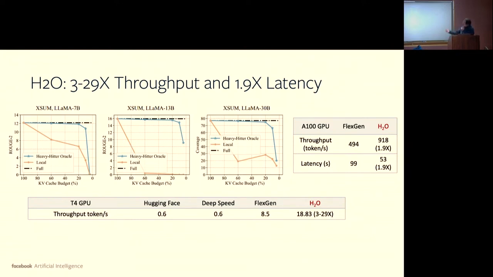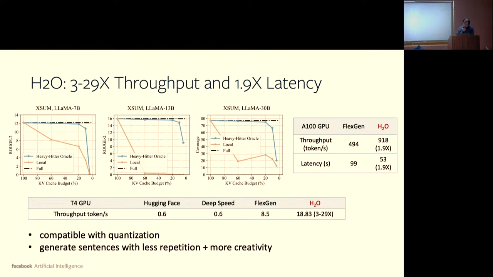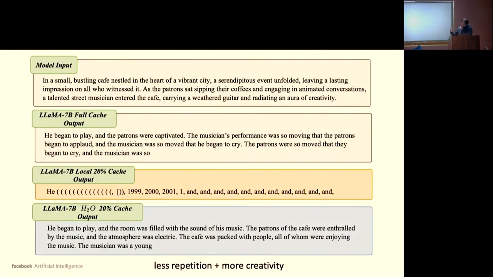This saves memory, because you don't need to keep the KV cache, and at the same time it makes inference much faster. We also see other benefits, like more creativity, because it gets rid of some of the tokens that might restrict your creativity.